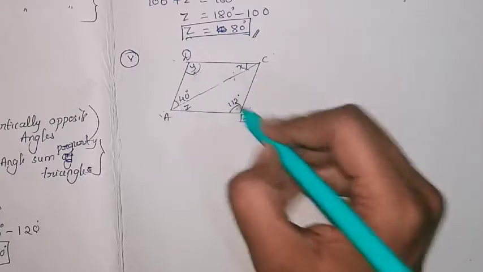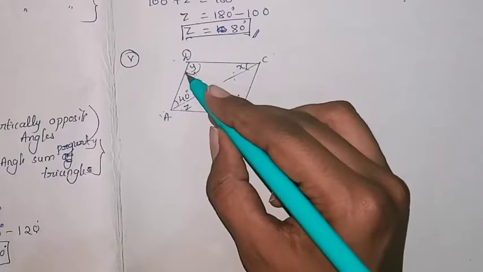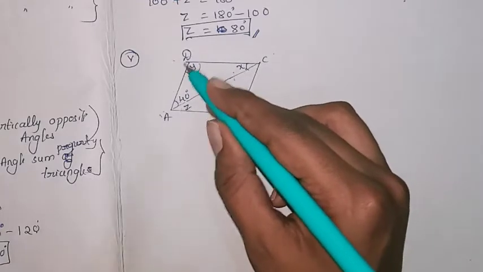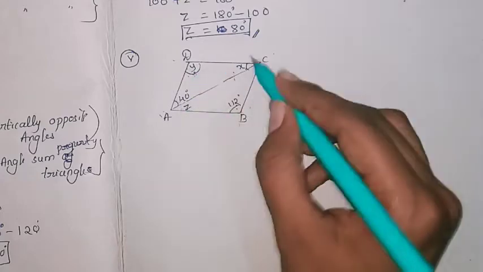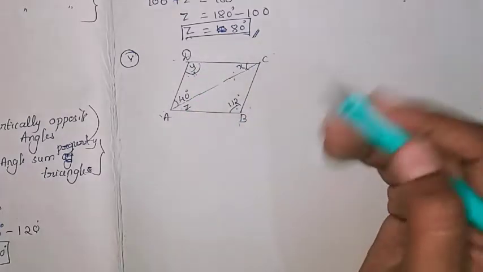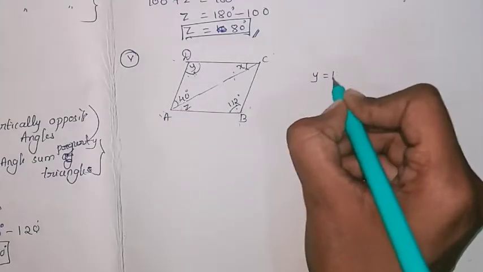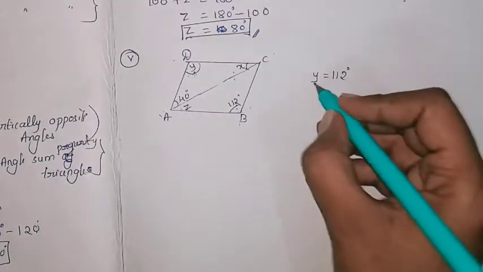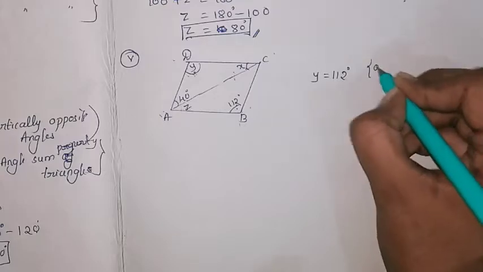But here you observe, it is not divided. The angle B is 112 and angle D is y. So we can say these are the opposite angles. In a parallelogram, the opposite angles are equal. So we can say y is equal to 112 directly from the diagram. So y is 112, because in a parallelogram the opposite angles are equal.